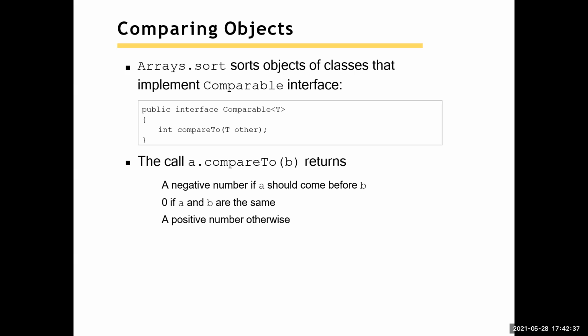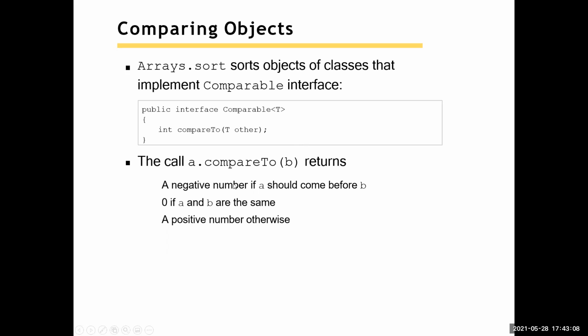So if I am going to be sorting my objects, I have to be sure that I have my compareTo implemented. If I'm comparing students, what is it that I'm comparing? Am I comparing their age? Am I comparing their grade? I have to have that compareTo, which is going to be called by my sort mechanism.